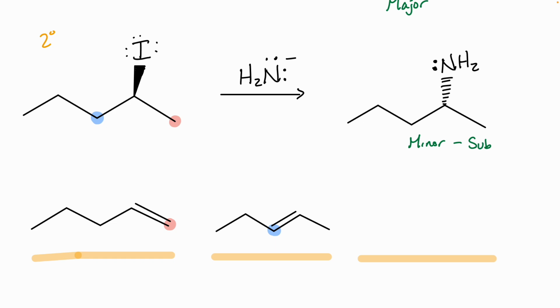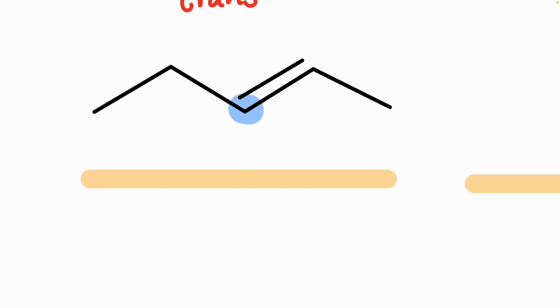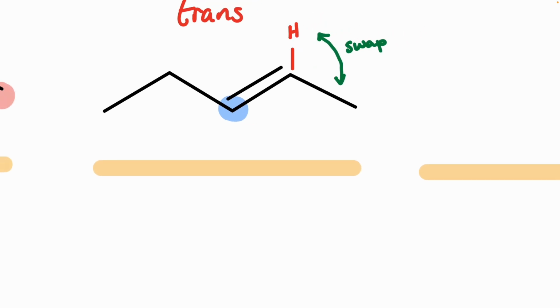Yeah, absolutely, right? So if we look at that blue carbon there, this is that alkene in the trans conformation. And if we look here, we can pick either side, it doesn't matter. Oops, I'm going to draw in my implied hydrogen. Well, I would get a different product if I swapped these two groups here.